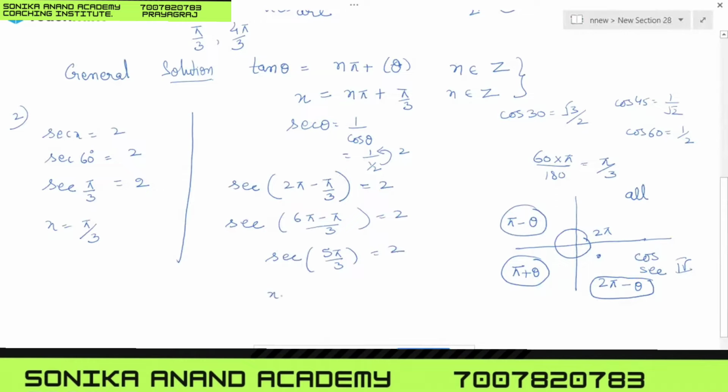So another value of x is 5 pi by 3. I think you understand the concepts now. So the principal values are pi by 3 and 5 pi by 3. Very good.